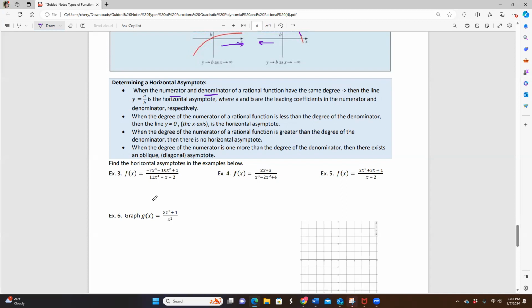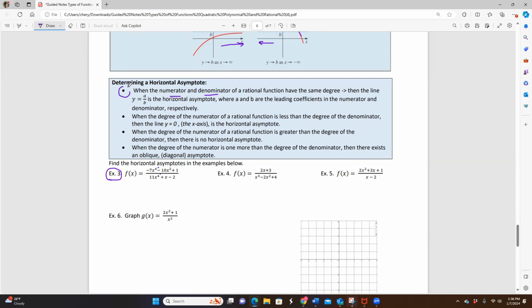So I'm going to jump down to example 3 here, because this is an example of this. In example 3, we have f of x equals negative 7x to the fourth minus 10x squared plus 1 over 11x to the fourth plus x minus 2. Now, both of these have the same degree. Both of these functions have the degree of 4.